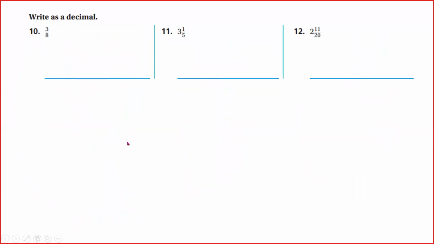Now, number 10. 3/8. Number 10, number 10.